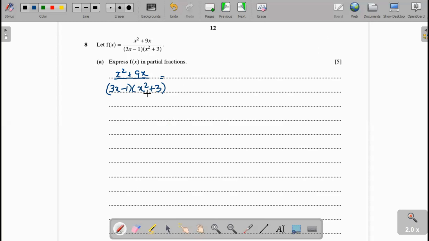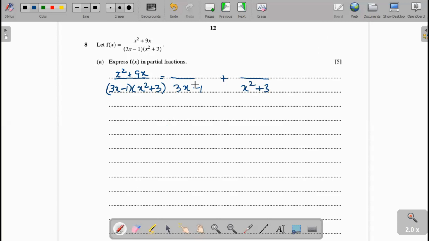We see that the denominator 3x minus 1 into x squared plus 3 has two factors. Therefore, we resolve this fraction into two fractions. So we can write it with denominator 3x minus 1, and the denominator of the second fraction is x squared plus 3.